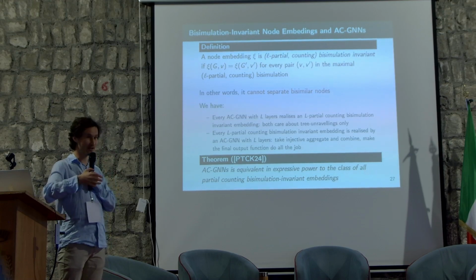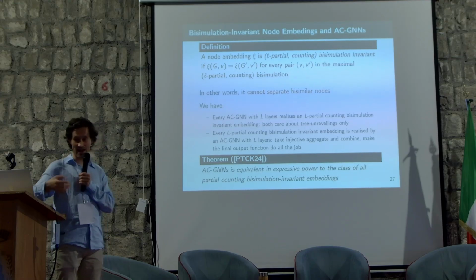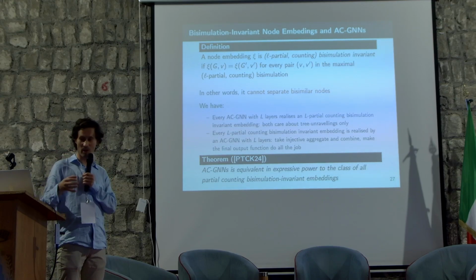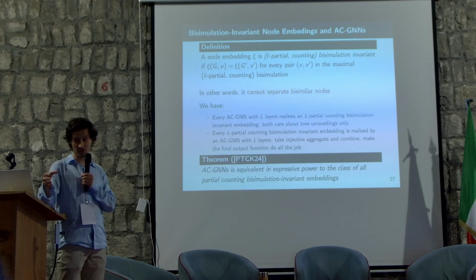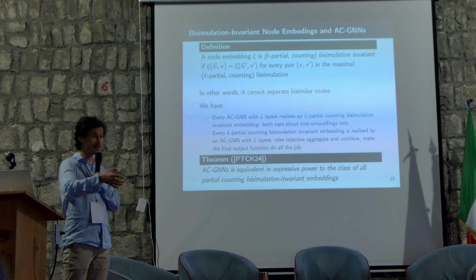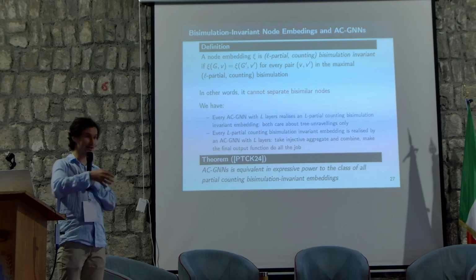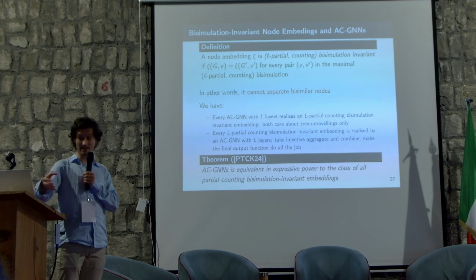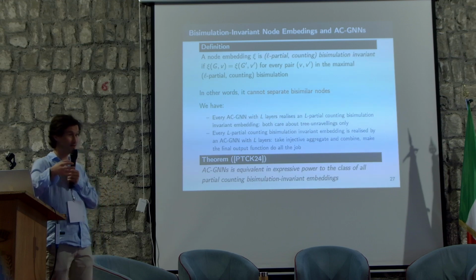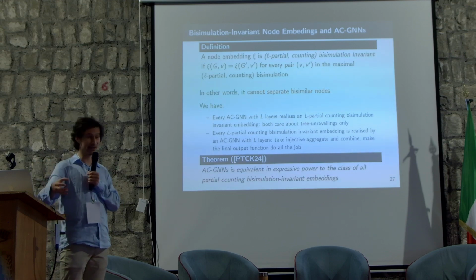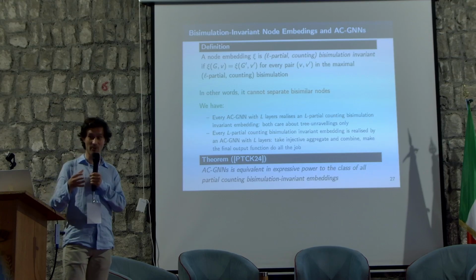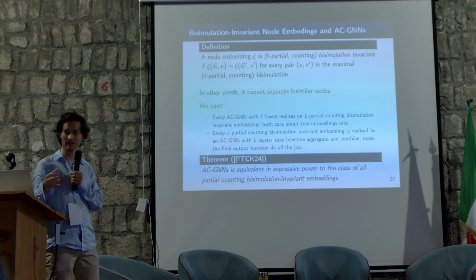Each 25 partial counting bisimulation invariant function can be realized by an AC GNN with 25 layers, right? So basically, this says that AC GNNs and partial counting bisimulation invariant functions are precisely the same thing. Which again, this type of result, as I say, I like.